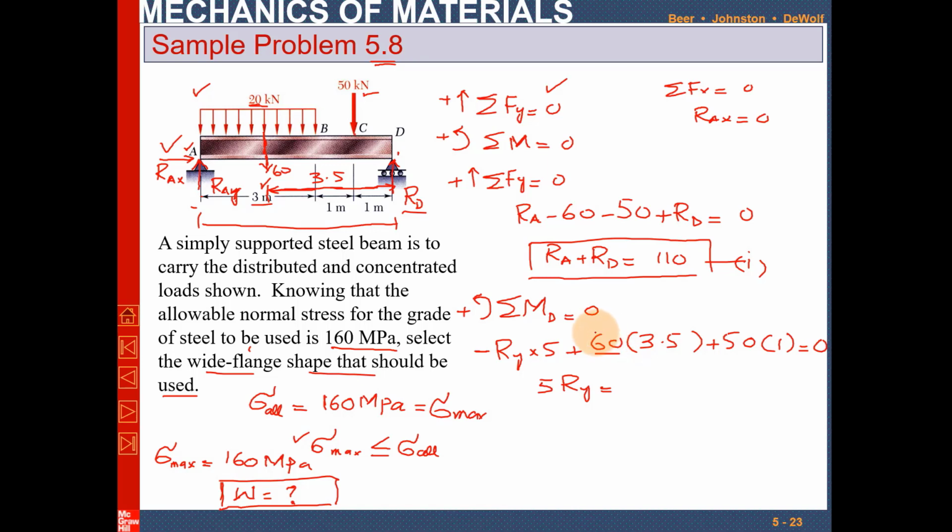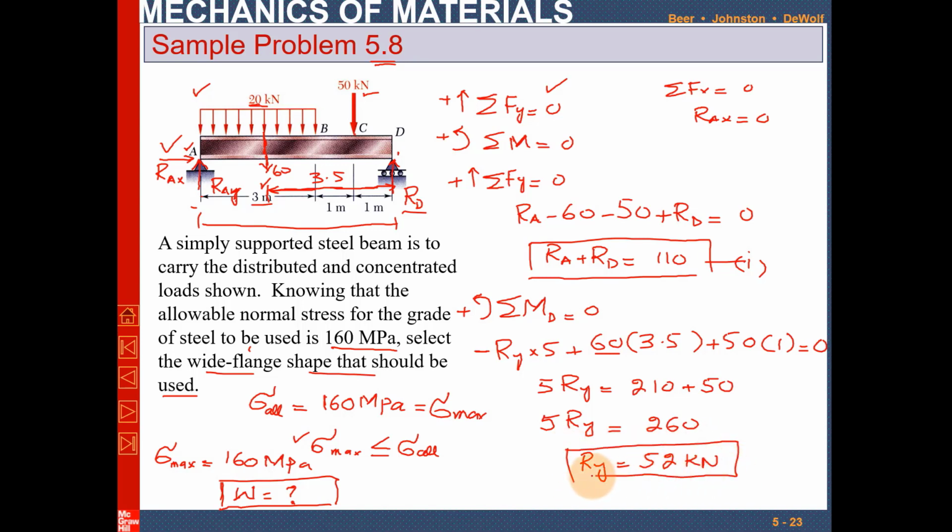Let me calculate. 60 into 3.5 is 210, and plus 50. Clear? So 5 RA is equal to 260. So 260 divided by 5, RA is equal to 52 kilonewton.